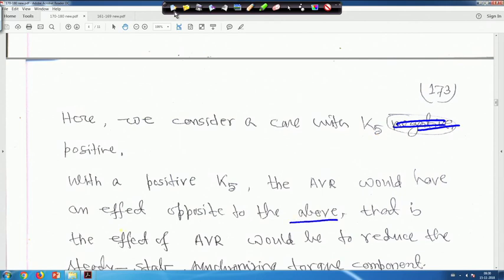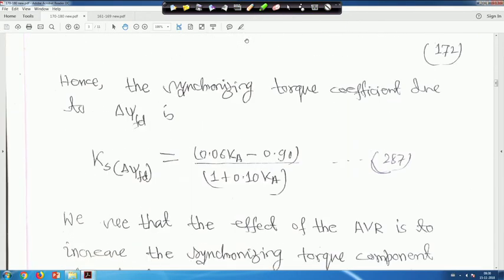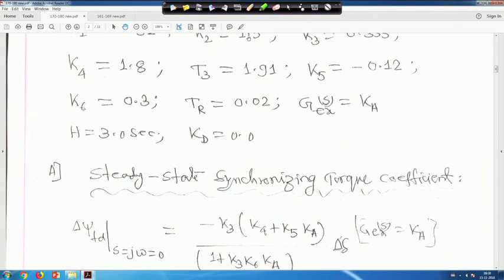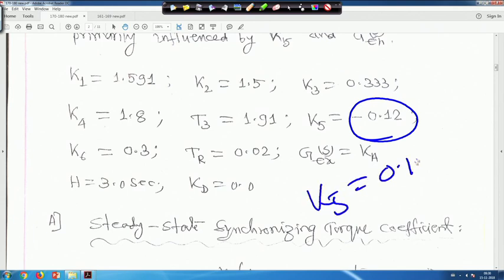Whatever value is given for K5 here, I think minus 0.12, that K5 we have taken as minus 0.12, and this is the effect we have seen. I request you to try K5 equal to positive 0.12 and just see whether the effect is opposite or not.